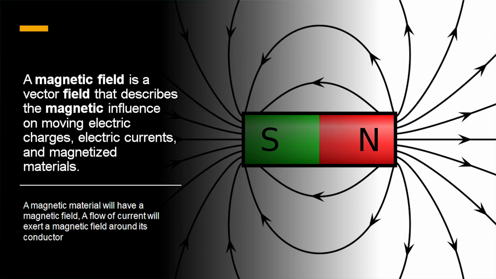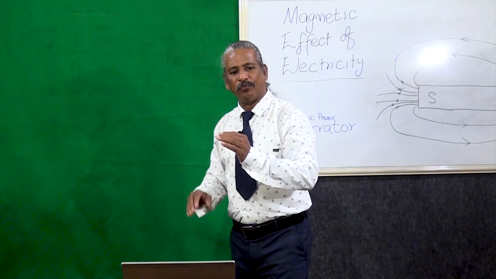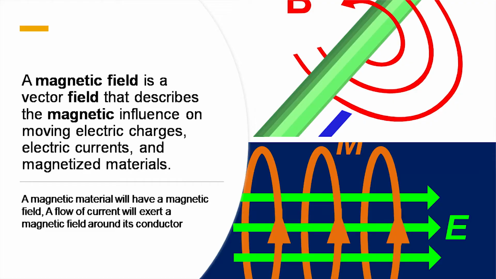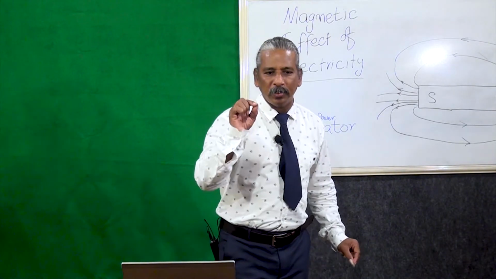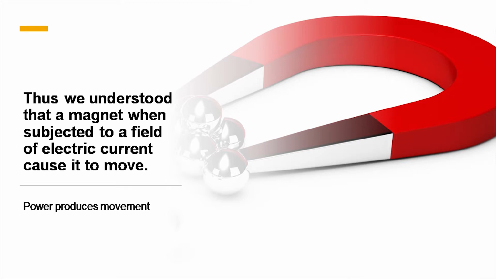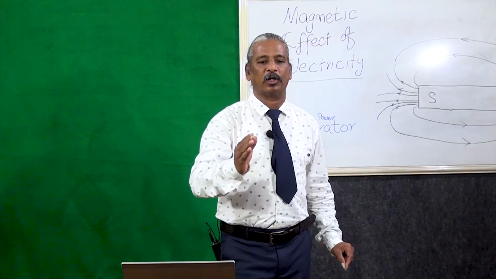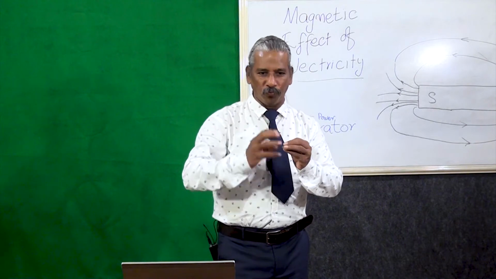And that is really important. Thus, we understood that a magnet, when subjected to a field of electric current, can cause a movement.